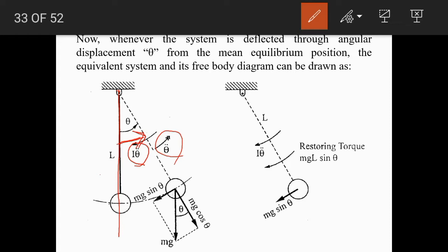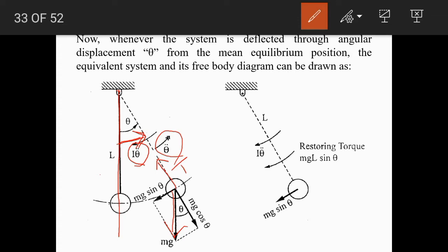Now, at a particular instant of time when the system is displaced through angle theta, the system is subjected to two forces. First, the weight mg in the downward direction, and second, the tension in the pendulum.